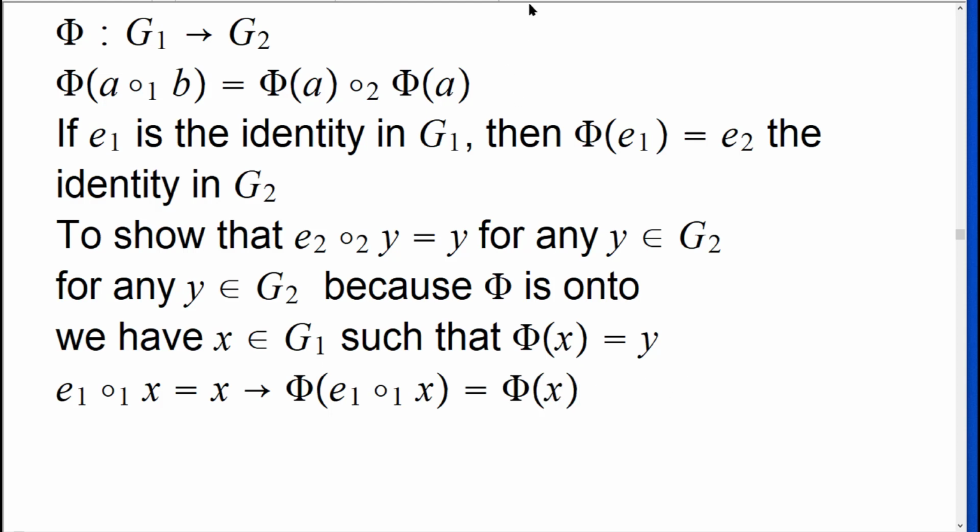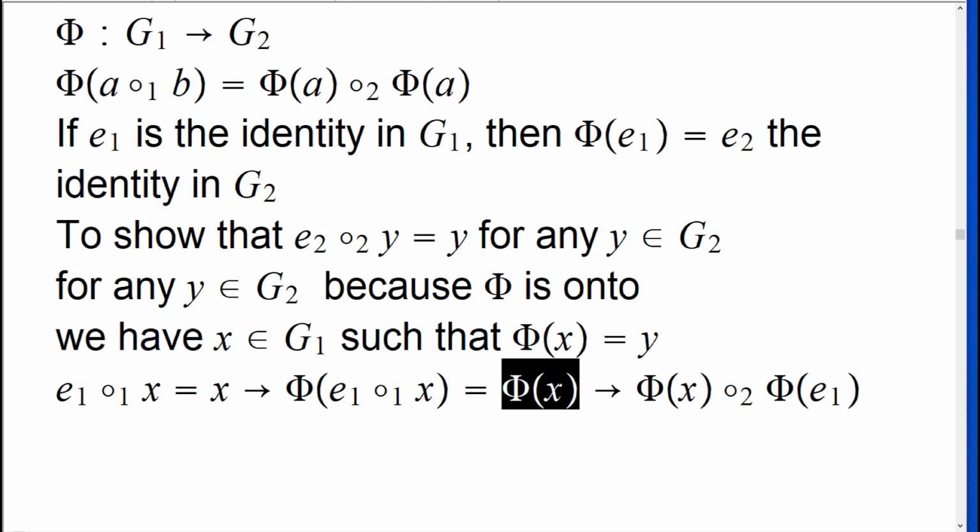And now what does this give us? This gives us that now we have the condition that it respects the operations, so when we go to the image set, what do we get there? That phi of E1 times phi of x equals phi of x here, right?